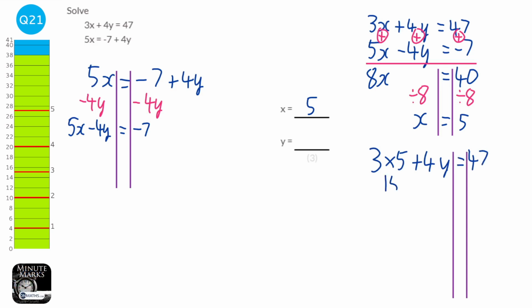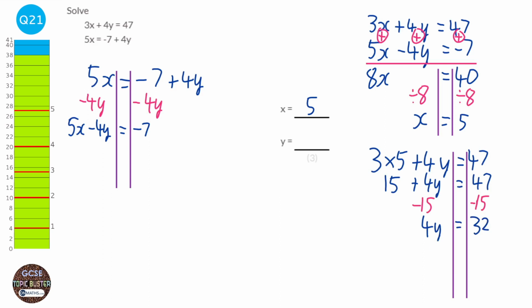So that will be 15 plus 4y equals 47, and then we're going to take away the 15 both sides, and so it's 4y equals 47 take away 15, which is 32. Divide by 4 both sides, and we get y equals 8.